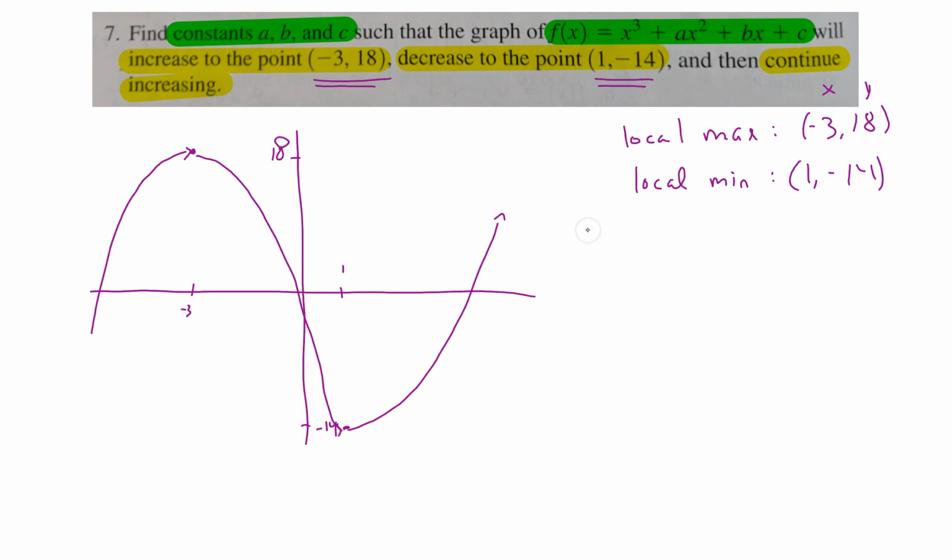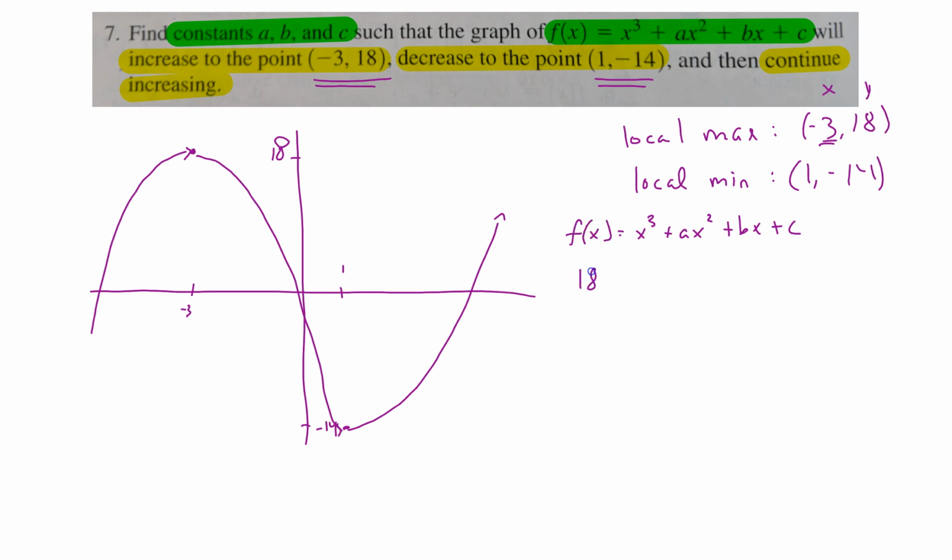So we have our f of x is equal to x to the power of 3 plus ax squared plus bx plus c. And then, well, we know that when x is equal to negative 3, our f of x is 18.